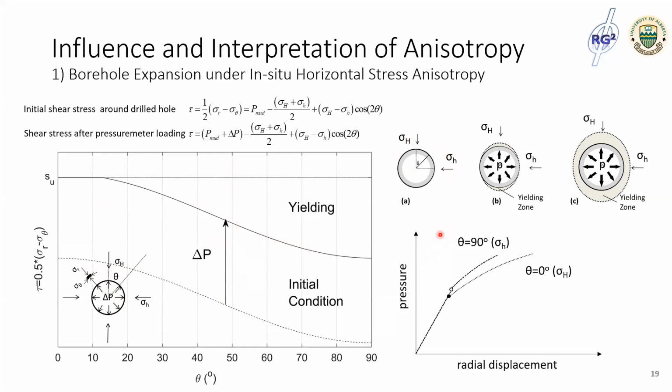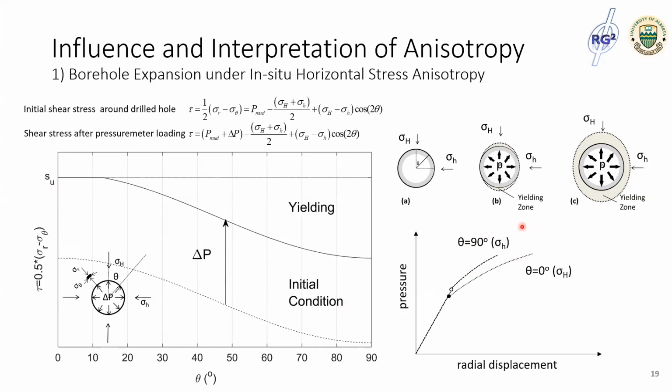So if the ground has a uniform shear strength, the ground around the borehole is likely yielded first under high shear stress in the direction of the maximum sigma H, and yielded later in the direction of the minimum sigma H. And the sequence of the yielding at the borehole will create different expansion behaviors in different orientations.